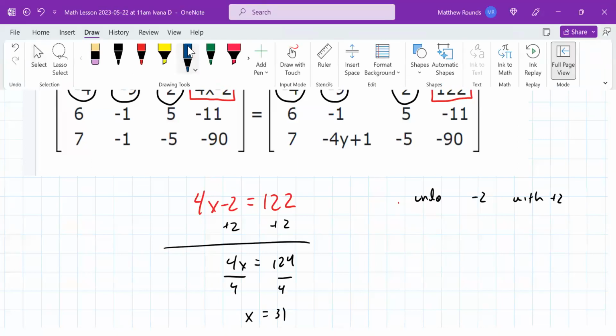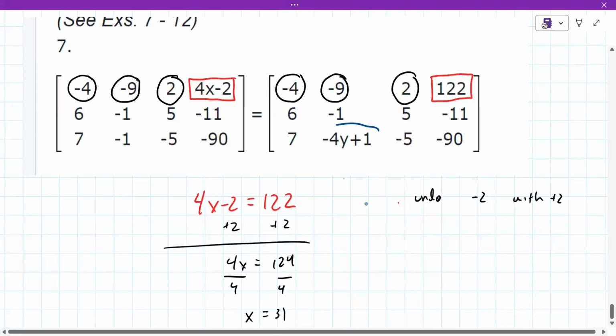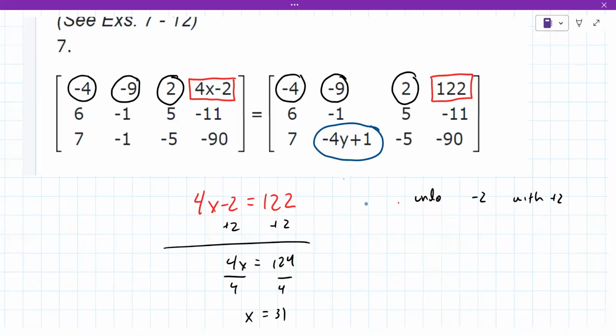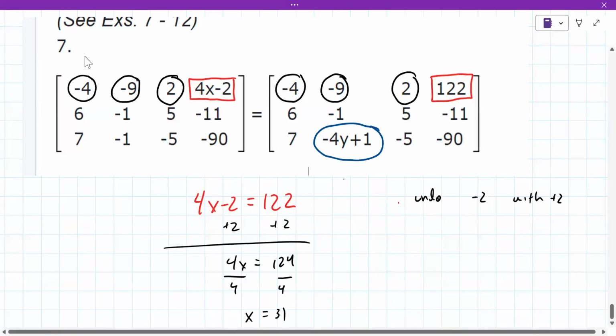So now I'll circle the -4y plus 1. Which number does that correspond to over on the left? None of them. Well, wait, hang on a second. Why did we set 4x minus 2 equal to 122?